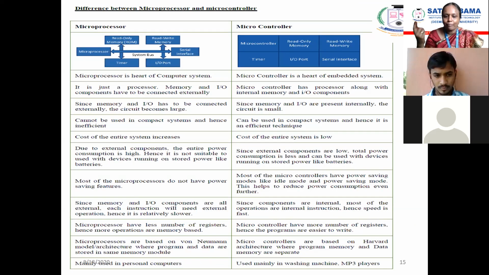Obviously, by going with external components, the speed is also reduced. Everything is related to the external components. But in a microcontroller, we don't have any external peripheral devices, so the speed of the system is also very high, not like a microprocessor. You can put it this way: by connecting external components, cost is increased, speed is reduced, and power saving is not possible.